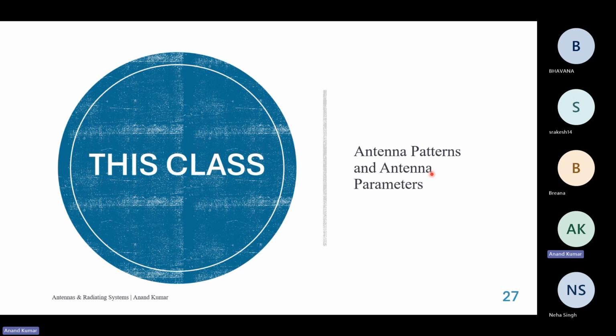For example, if you are one of those people who design antennas and somebody is giving you a task, they will ask you to design a certain type of antenna so that it can give a certain type of pattern and meet these criteria, and they'll specify the parameters. For example, how much gain the antenna would have, how the pattern would look like. These things will become clear when we go through the material which we'll look at now.